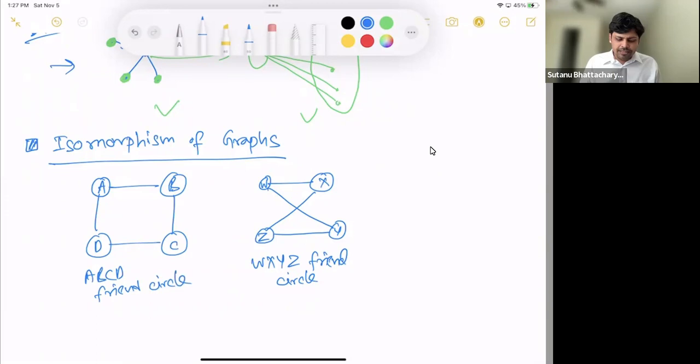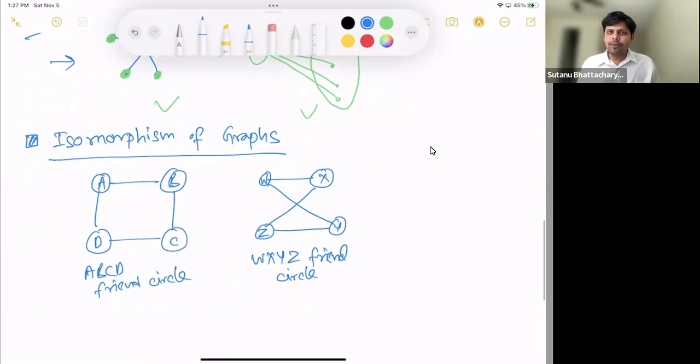Now, isomorphism or isomorphic graph means whether both graphs are the same or not. Iso means same. So you need to find out whether two graphs might look different, but whether they are actually the same graph or not. That is isomorphism.